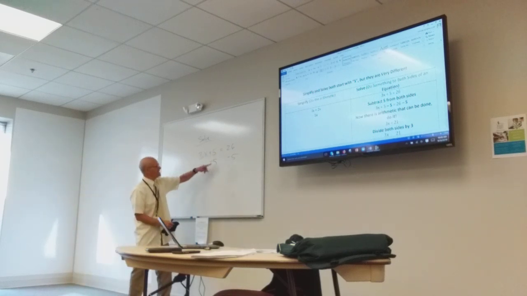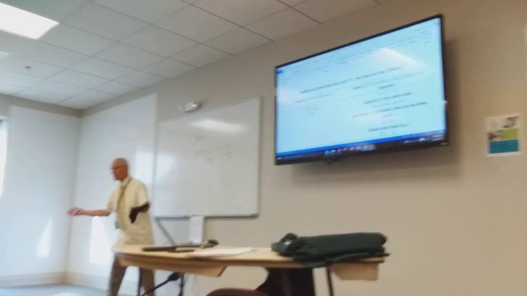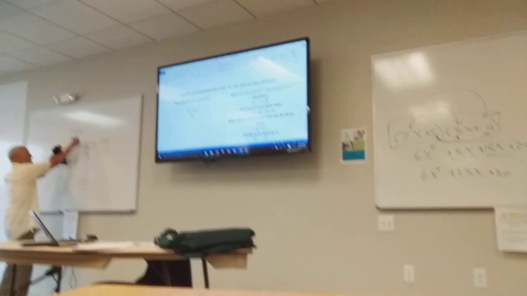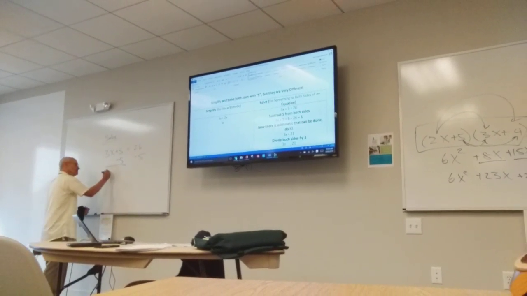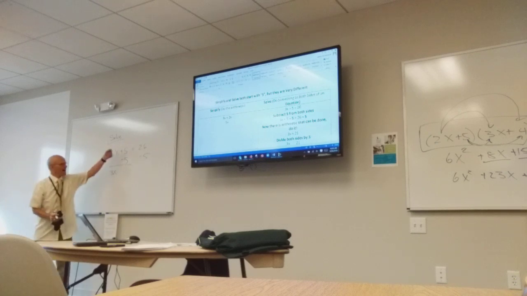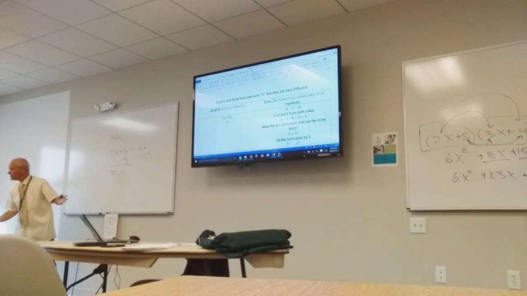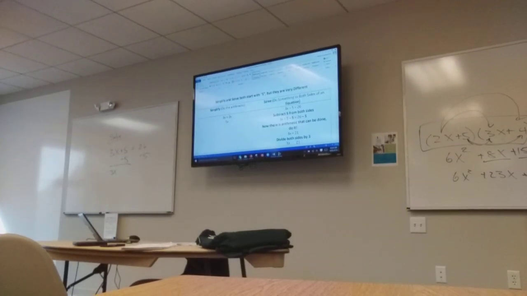What does this say? 5 minus 5. How much is that? 0. Pretty much nothing. So what does the left side become? The 5 minus the 5 cancels out. Adds up to 0. And adding 0 doesn't do anything.